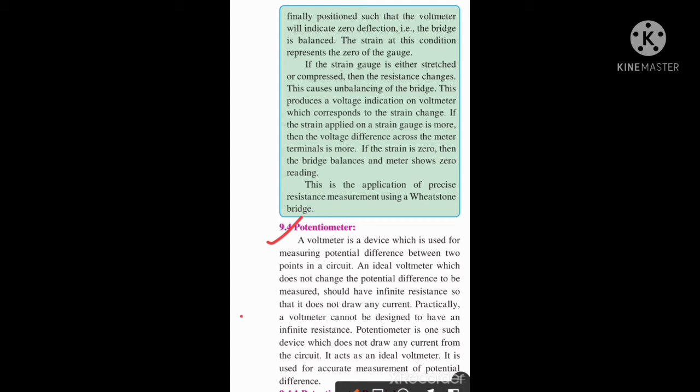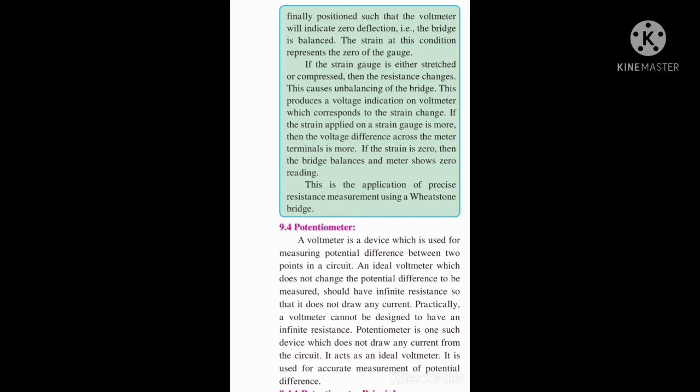A potentiometer is a device which does not draw any current from the circuit. It is an ideal voltmeter. It is used for the measurement of potential difference, in place of a voltmeter, because a voltmeter would need infinite resistance, but in actual practice this is not possible.